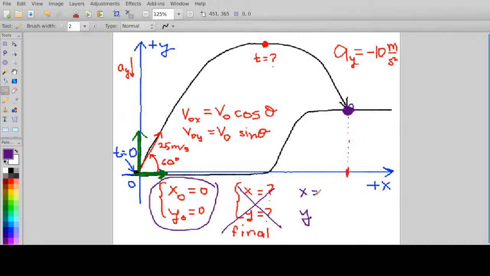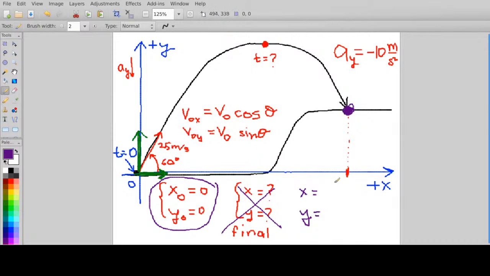So we go through all of them again: initial position, initial velocity, acceleration, and time. We've convinced ourselves the initial position stays the same because nothing changed in how I'm throwing it. It's all part of the same motion. I'm just looking at a different final point in the same motion.